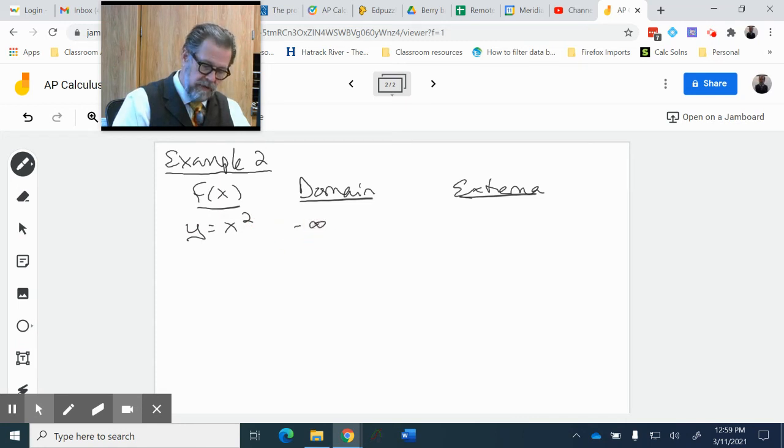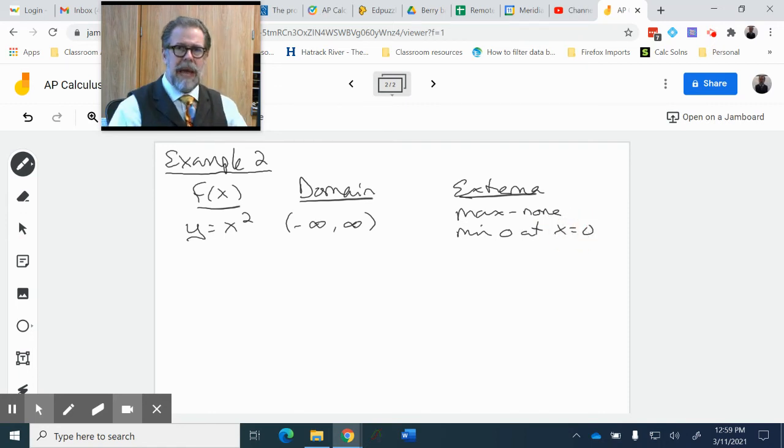Domain, negative infinity to infinity. And we have no maximum. So we do indeed say maximum none, and minimum 0 at x equals 0. And it's important to get into the habit of saying that the minimum occurs. This is the value of the minimum, and here's where it happens.